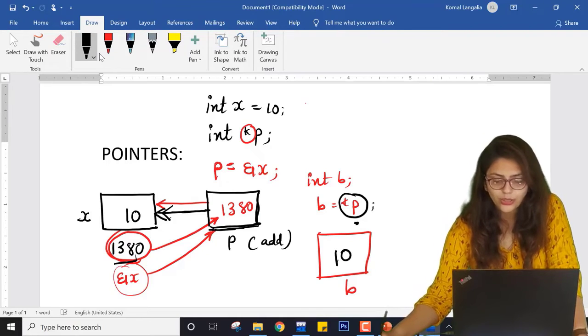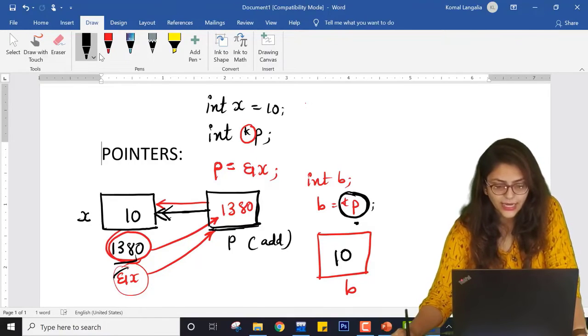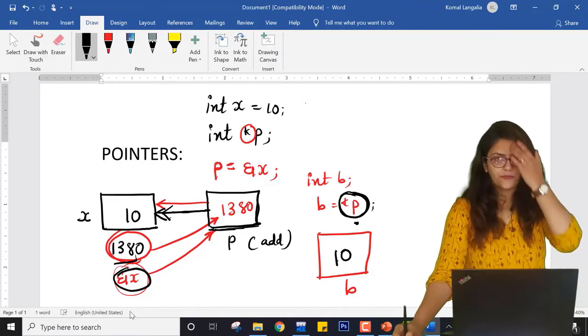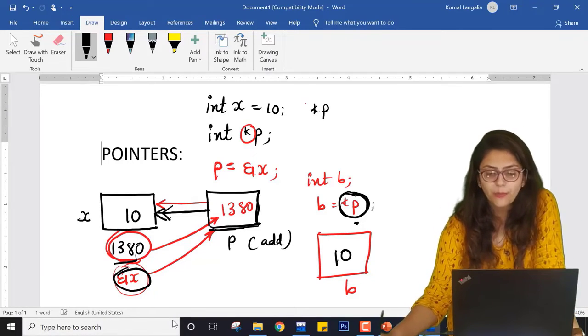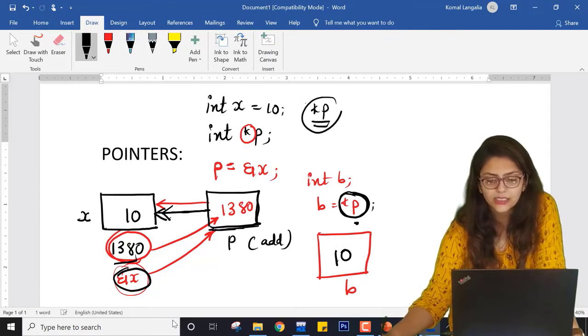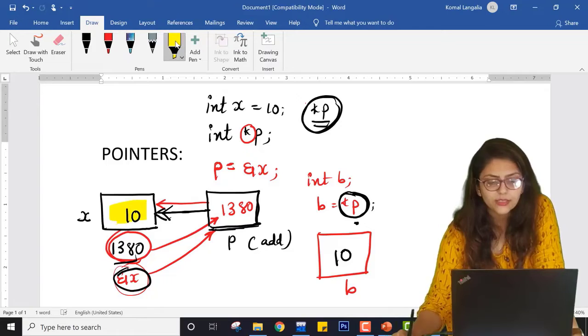So please make sure that you understand the difference between asterisk p and the ampersand sign. Please try to understand the difference between them. Whenever you are saying p is a pointer and you are assigning this value, that means you are dealing with this value.